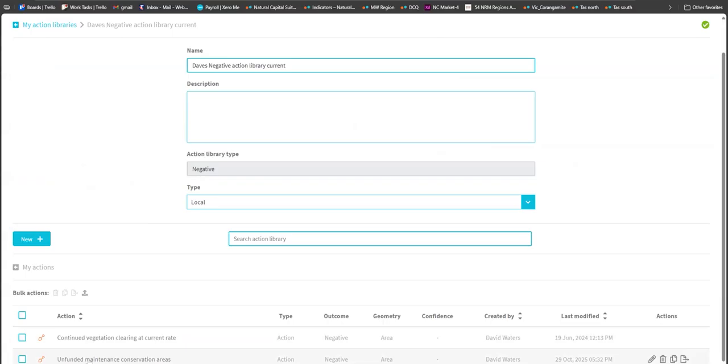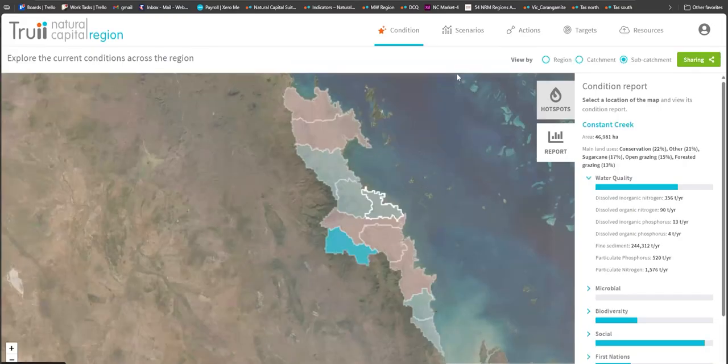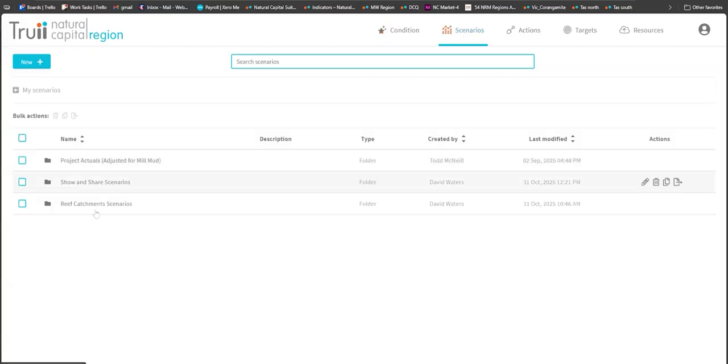And another example I've included there was unfunded maintenance of conservation areas. From our experience, it is a common complaint from CMAs and NRMs around Australia that a lot of the funding programs don't consider ongoing maintenance of these things to be most effective. So this is an important way to communicate the impacts of not doing any maintenance. So let's create a new scenario.